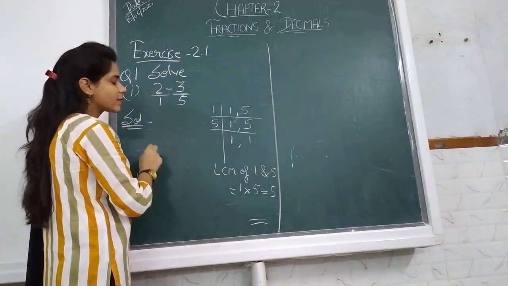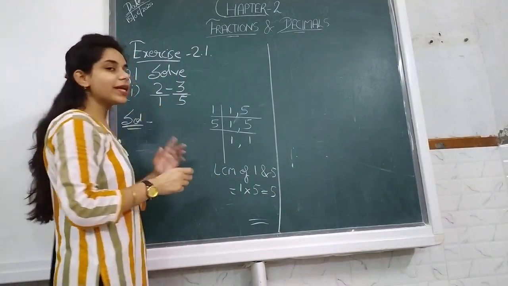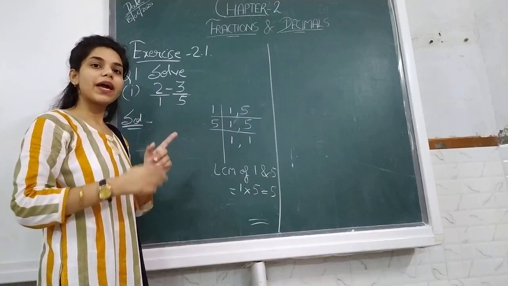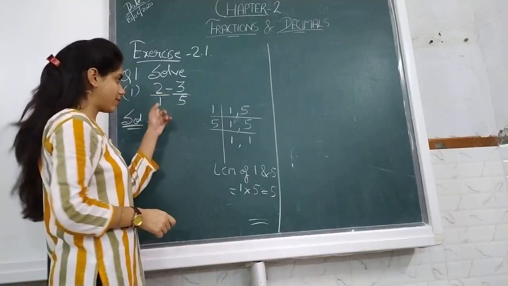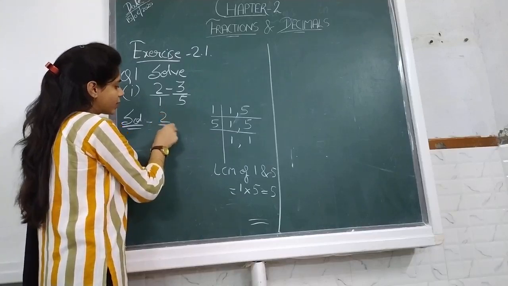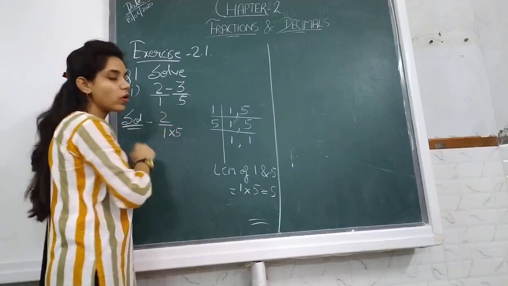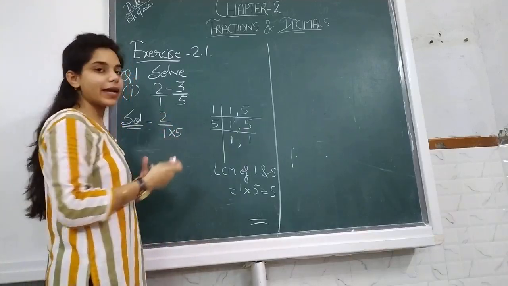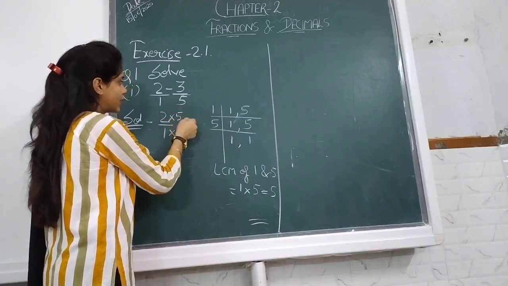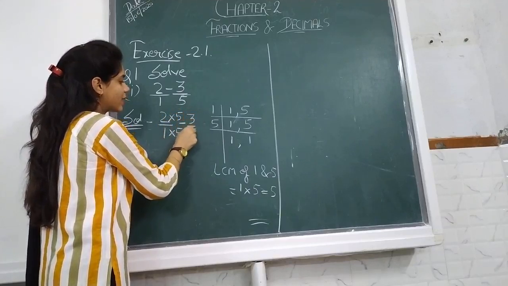Now the LCM is 5. So how many times do we have to multiply 1 to get 5? We have to multiply by 5 to get 5 from the 1. Okay? So if I am multiplying by 5 in the denominator, we also have to multiply it into the numerator. So 2 into 5 minus 3 upon 5.